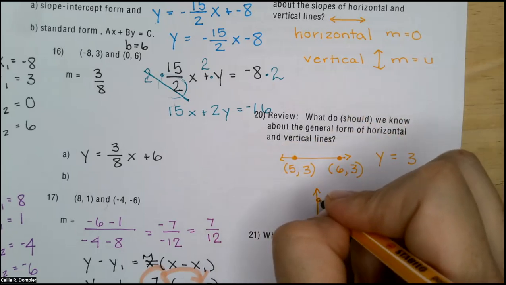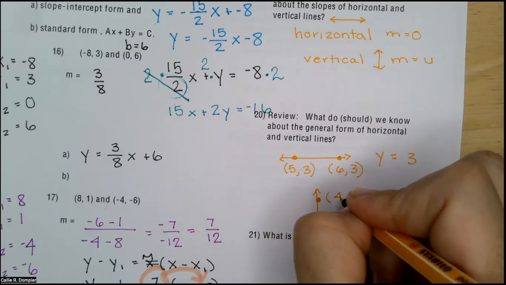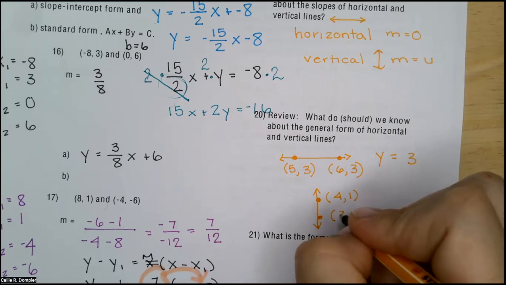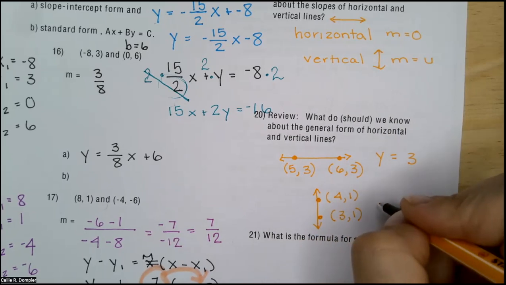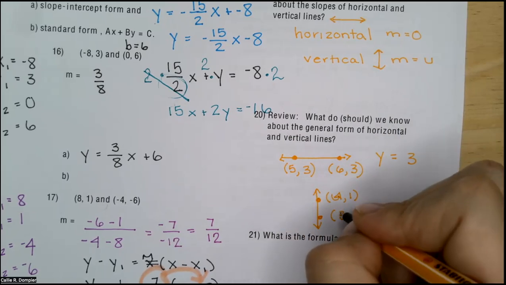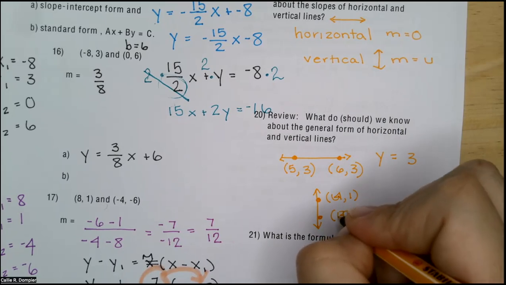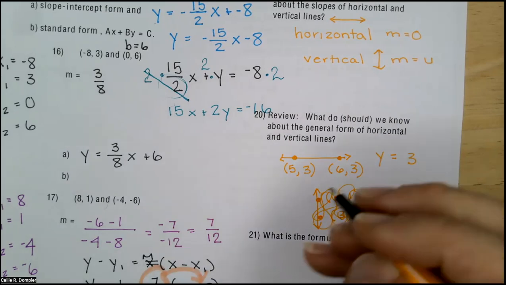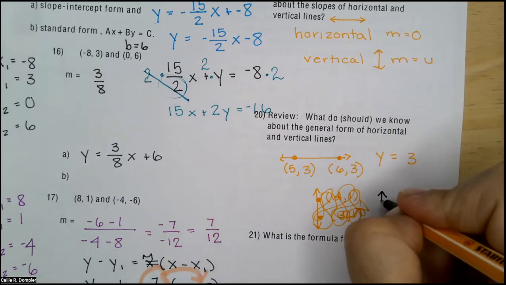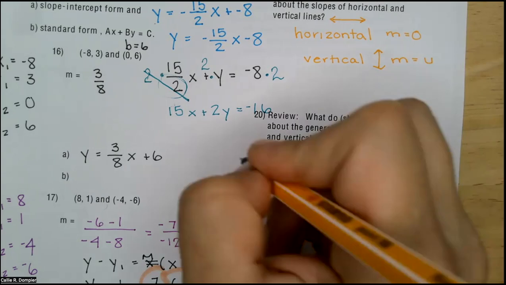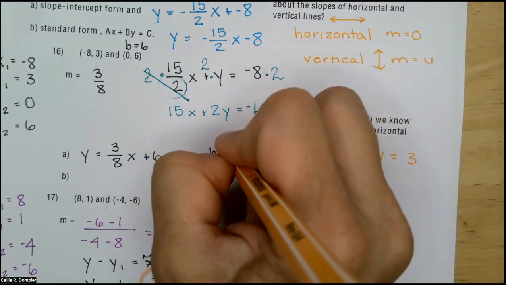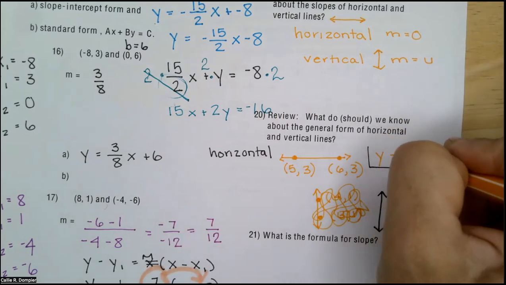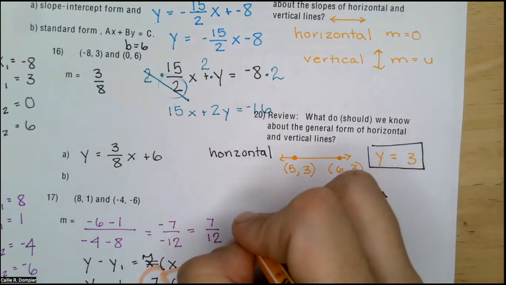So this would be (4, 1), right? And if we go down, this would be (3, 1). Oops. Pretend like that didn't happen. That's horizontal. Horizontal is going to be y equals 3. This is vertical, right?